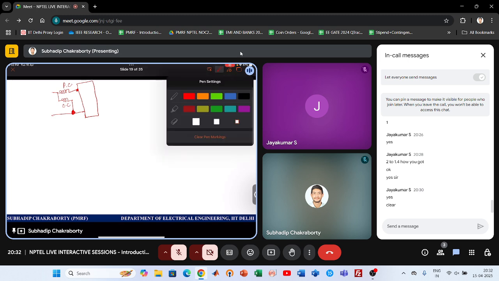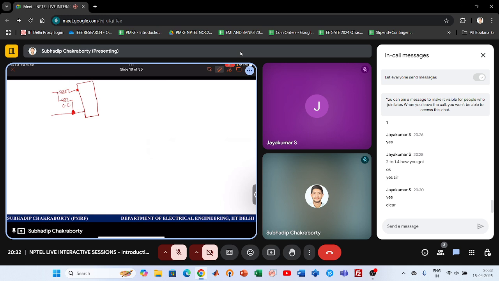Sorry, I wrote the opposite actually. So this is the current coil and this is the pressure coil, because it measures the voltage across the load, and this measures the current going into the load. Accordingly, your power will be V into I, right?